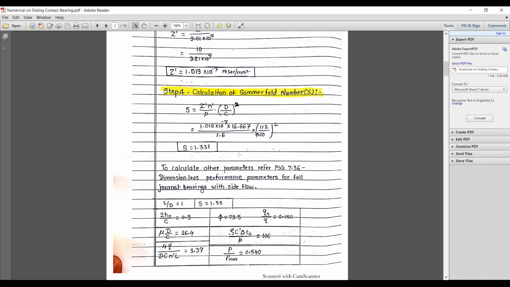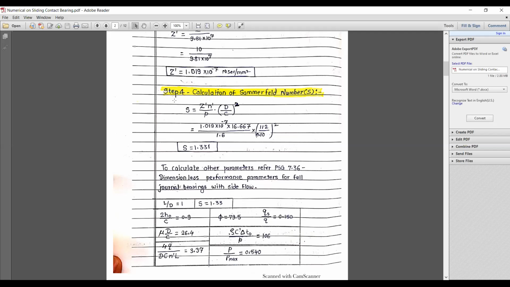If we do not properly select the Sommerfeld number, our bearing design performance will not remain within limits. So to control the performance parameters, we have to select a proper value of Sommerfeld number.